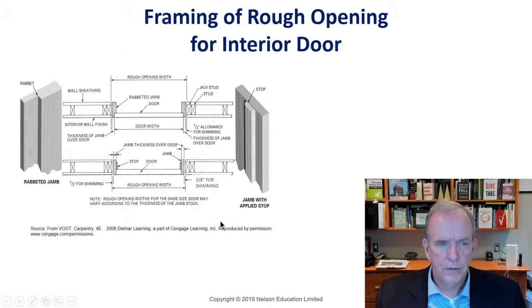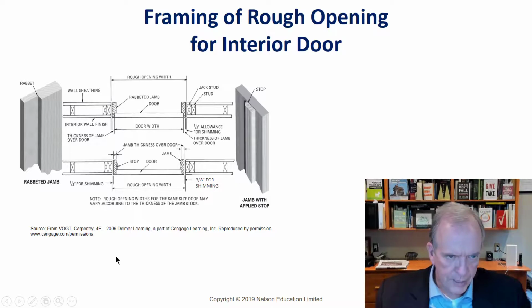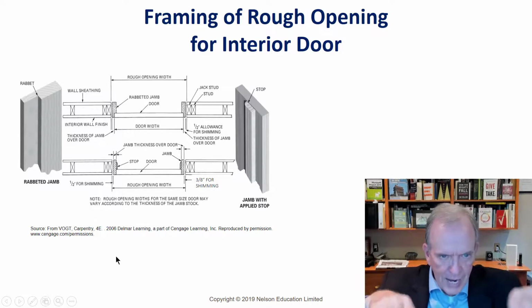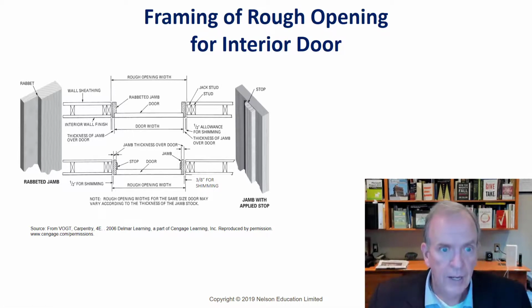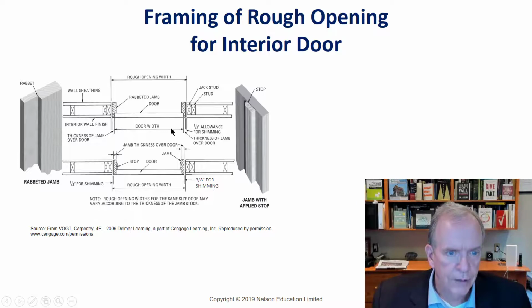This is a really good illustration here of allowing the extra amounts for the width, and that's your little extra amount for shimming. So this is a cross-sectional view. You're looking straight down on it, and this is the inside edge of the door frame. This would be an exterior door because it's got what we call a rabbeted jamb, and that's where it's cut out in this section.